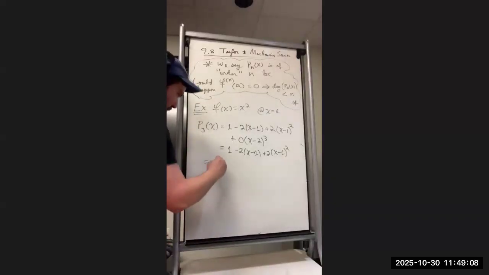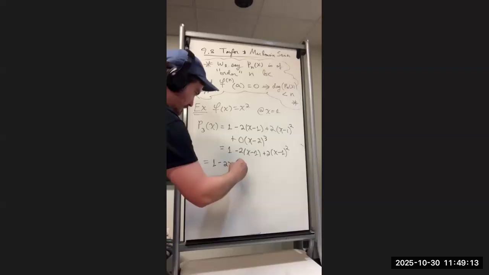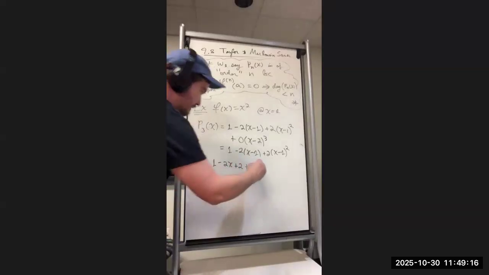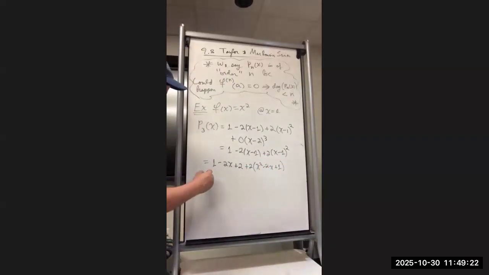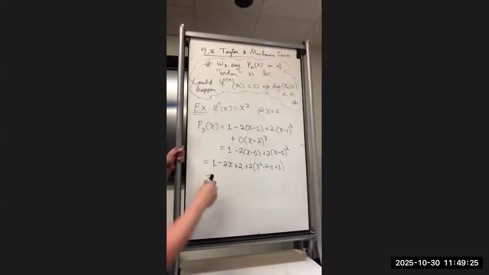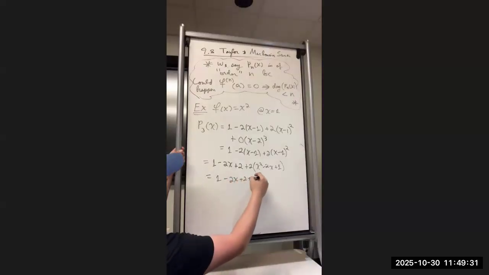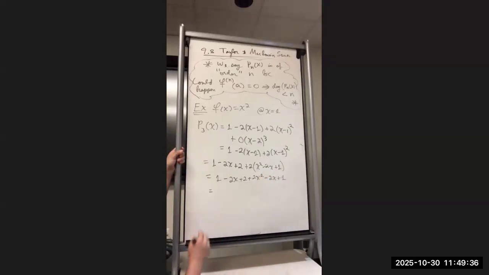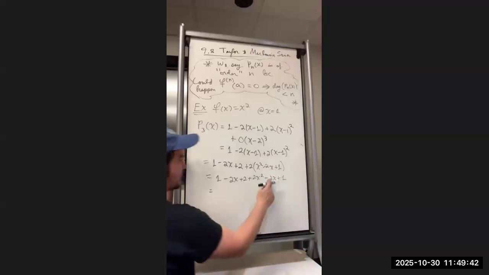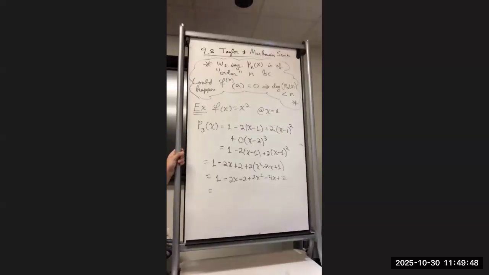And I might be interested to see what happens if I expand this out and combine like terms. 1 minus 2x plus 2 plus 2x squared minus 2x plus 1. So what happens? Oops, I did some bad math. That's 4x, that's 2. So what's going to happen?